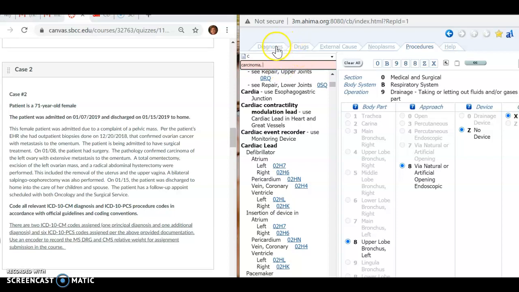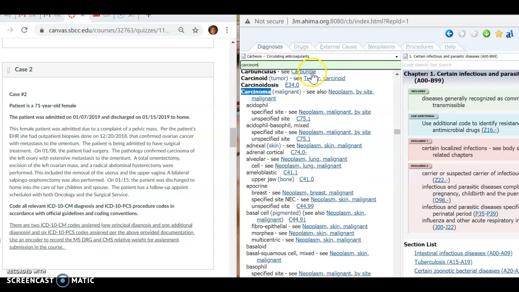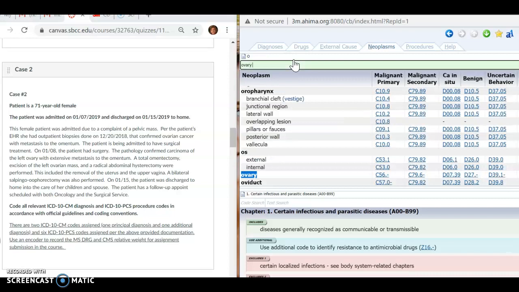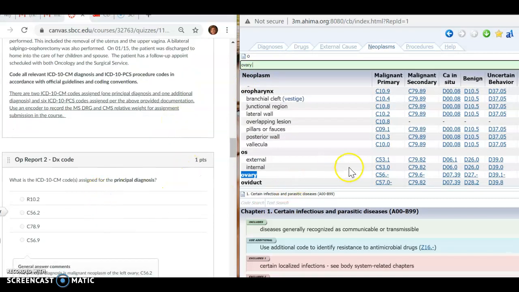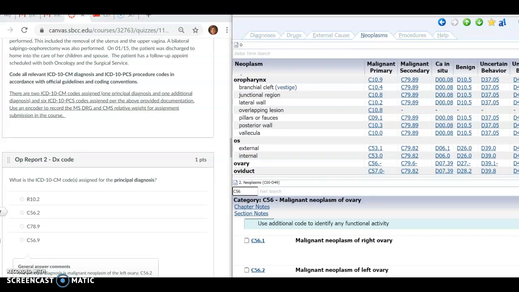My system's a little slow and it would work a little bit faster if I was in diagnosis. Okay, carcinoma. Again, it tells us to see neoplasm by site. So I can just go right to my neoplasm. I'm going to go ahead and click in ovary. All right, and we know with the ovary that it is the primary site. So I'm going to go C56, and it is the left ovary, which makes a 0.2.